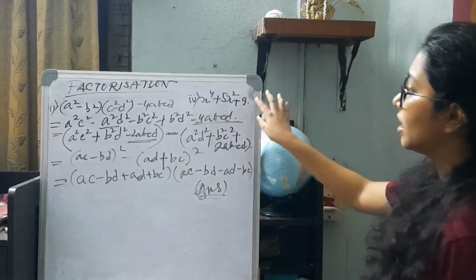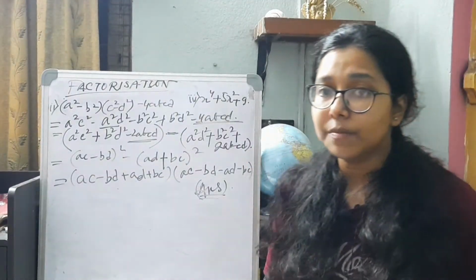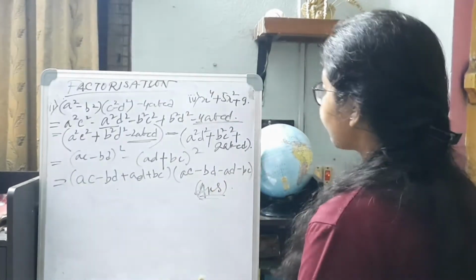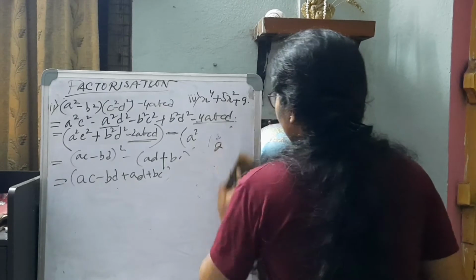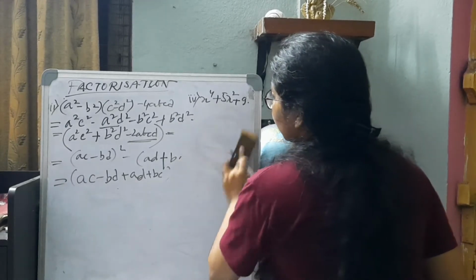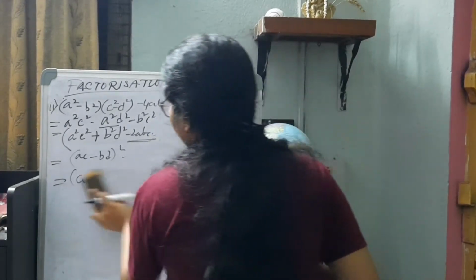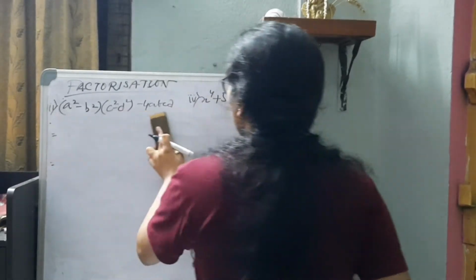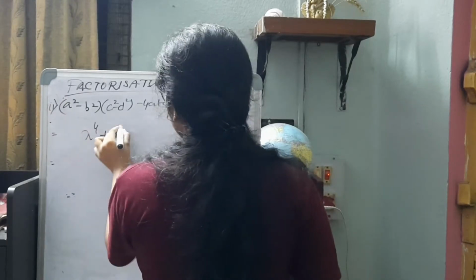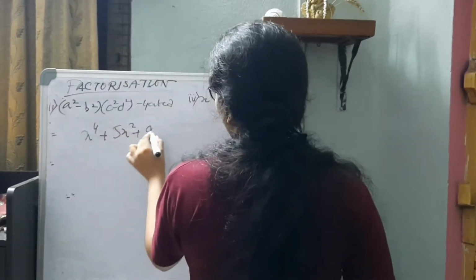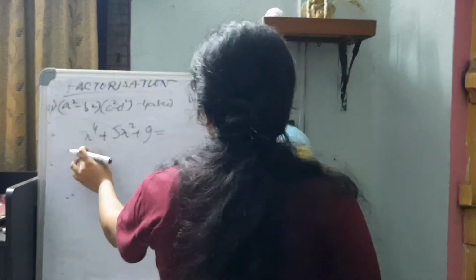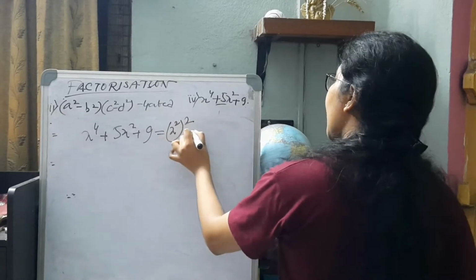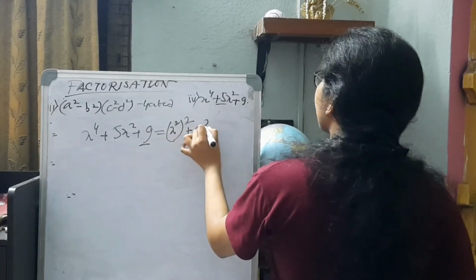So moving to the next question, which is x to the power 4 plus 5x square plus 9. Okay. We can go for seeing it as a square form, that is x square's whole square and this part as 3 square.